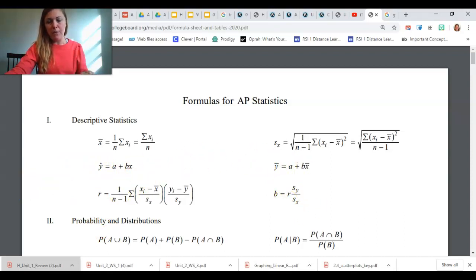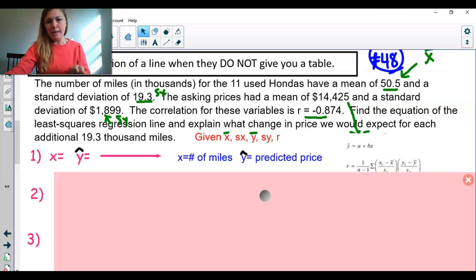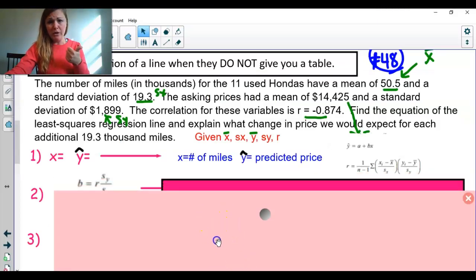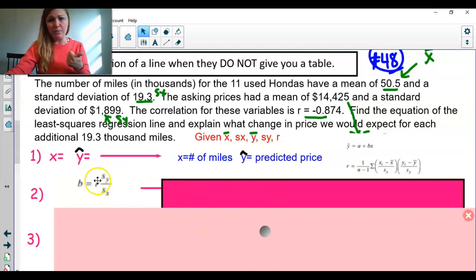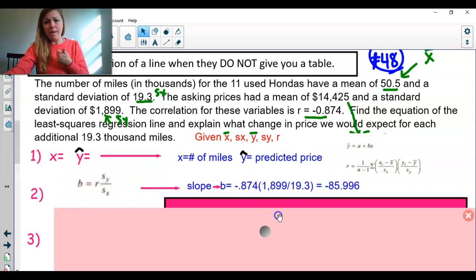Okay, so step one, identify our variables. Step two, and what's been given to us. Step two, we're going to use that formula right there. So you can see they gave us the regression line. We're going to find the slope first. In order to find that slope, I'm going to plug in what I know.